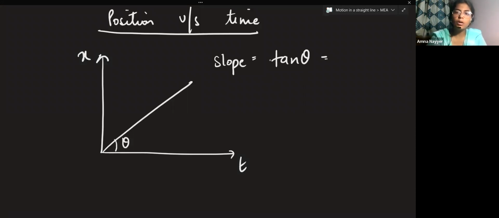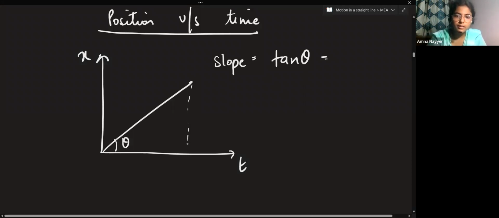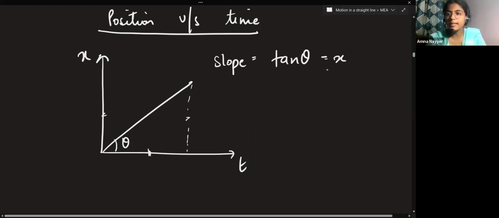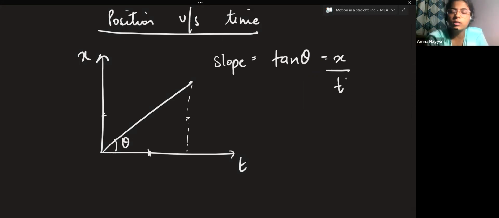Tan theta will be what? See, this is a triangle. This is the perpendicular. This is the base. So what will be the perpendicular by base? X divided by t. Can anyone tell me what is actually x divided by t? What is this quantity that I am getting? Yes, class, are you not able to recall this formula?